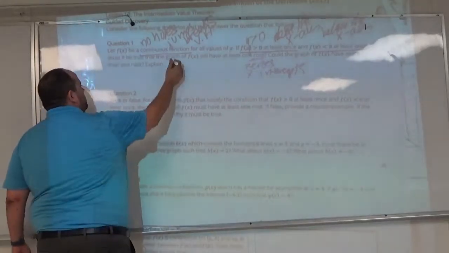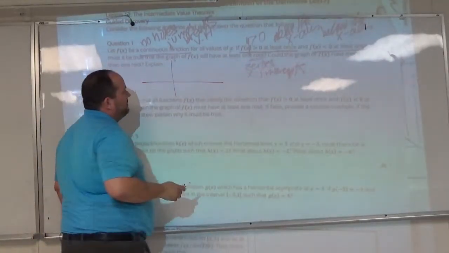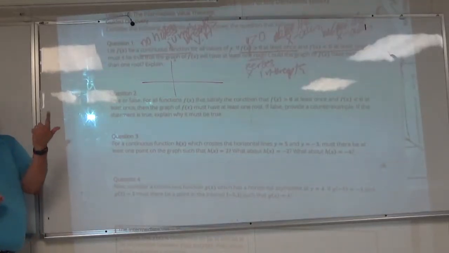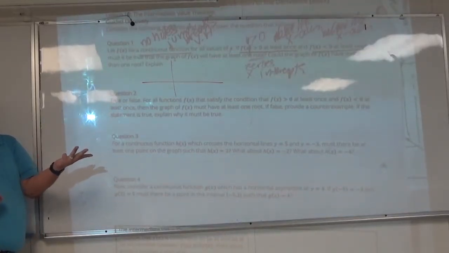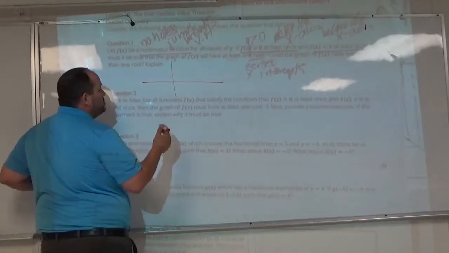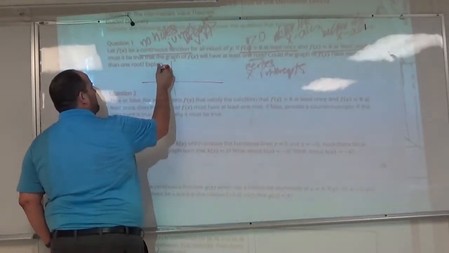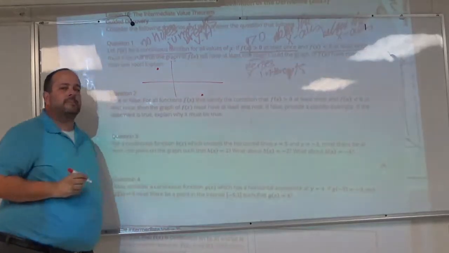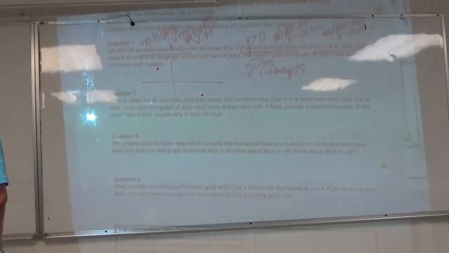So here's what I might do. Sketch a little graph. I know that the function is continuous, so no holes, no jumps, no breaks, no vertical asymptotes. There is at least one time where I'm up above the x-axis, and at least one time where I'm down below the x-axis. Does there have to be a root?